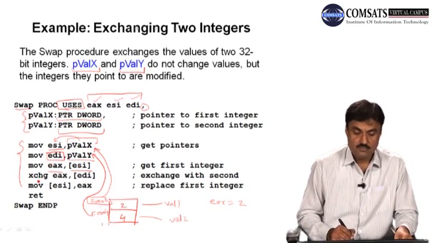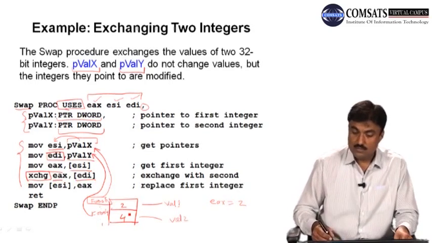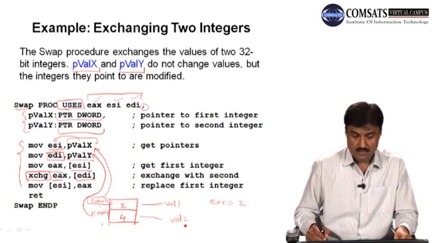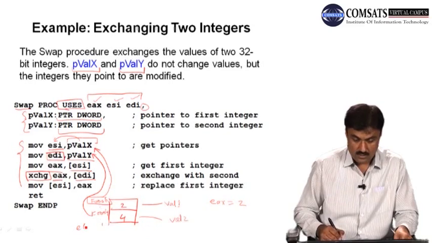And then next we use the exchange instruction, exchange EAX and the EDI. EDI is pointing to this one, and ESI is pointing here.